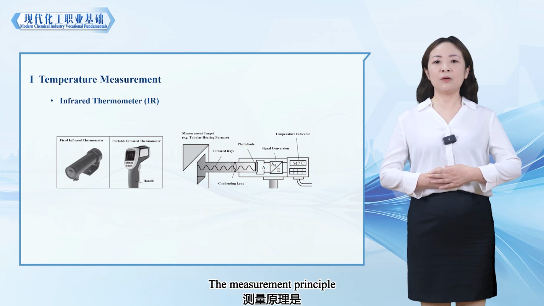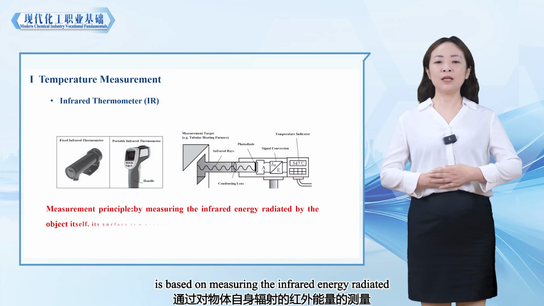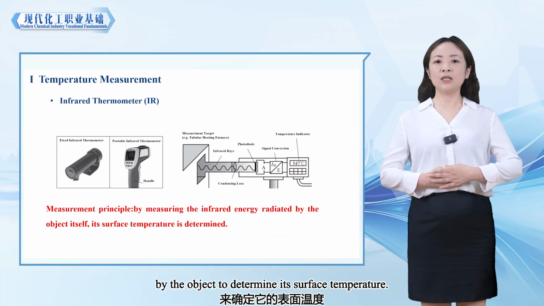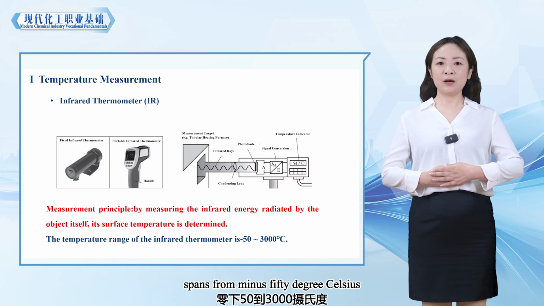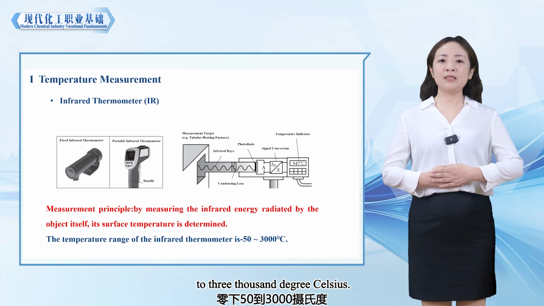The measurement principle is based on measuring the infrared energy radiated by the object to determine its surface temperature. The temperature range of infrared thermometers spans from -50 degrees Celsius to 3000 degrees Celsius.